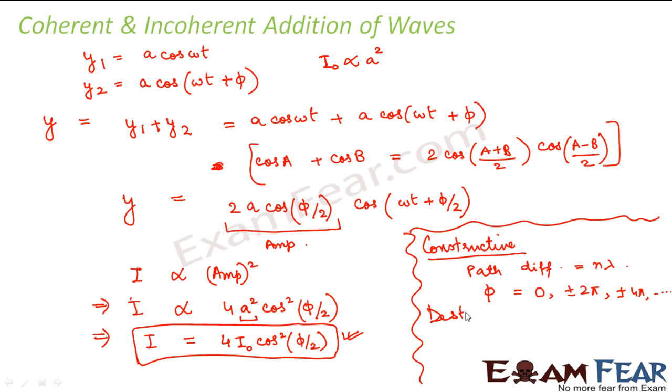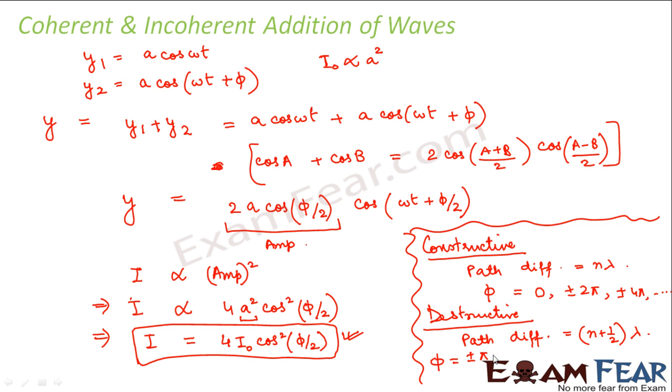Whereas destructive interference takes place when path difference is equal to n plus 1 by 2 lambda, and the phase corresponding to this is plus minus pi, plus minus 3 pi, plus minus 5 pi and so on. So these are the conditions under which constructive and destructive overlap takes place.